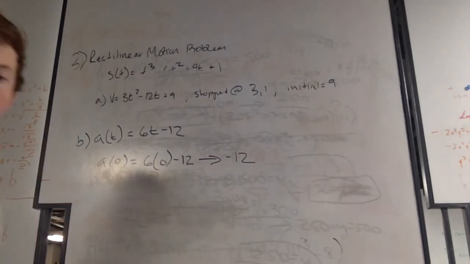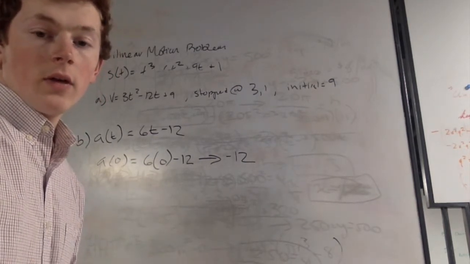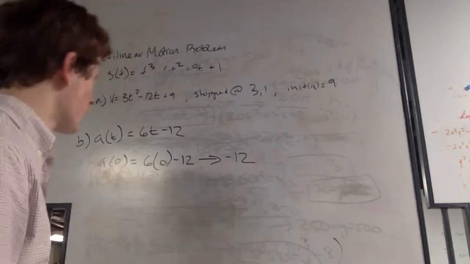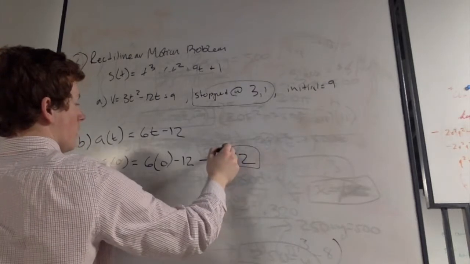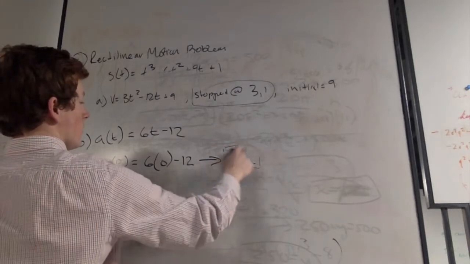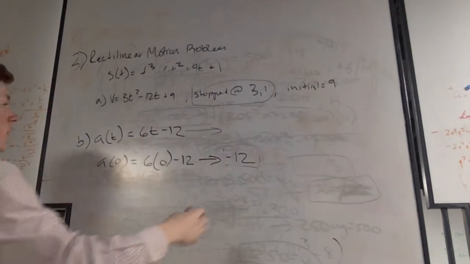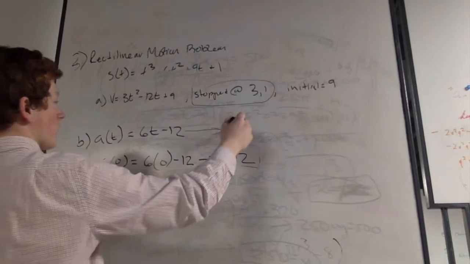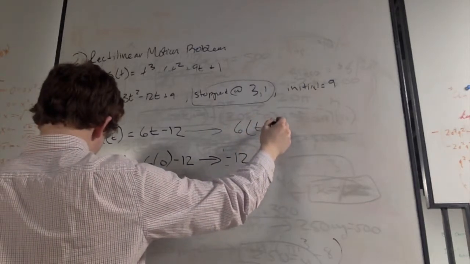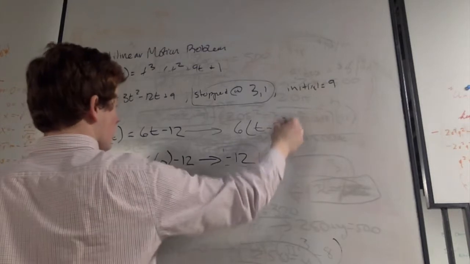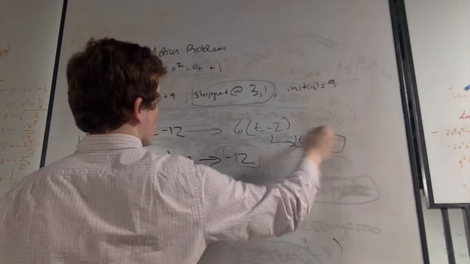So then part C was finding when it speeds up and slows down. To do that, you use a number line for when it stopped and when you factor the acceleration function. So that factors into 6 times t minus 2, which then goes to t equals 2. So that was what you put on your number line.